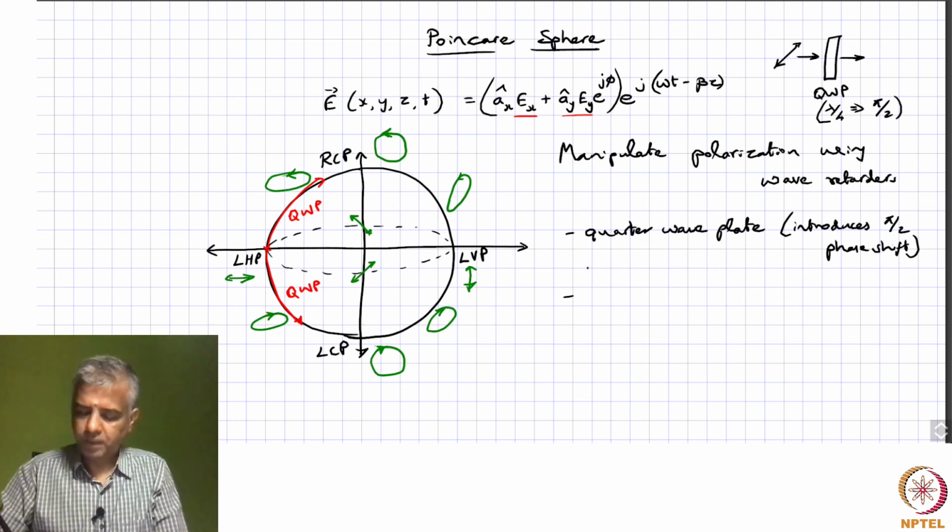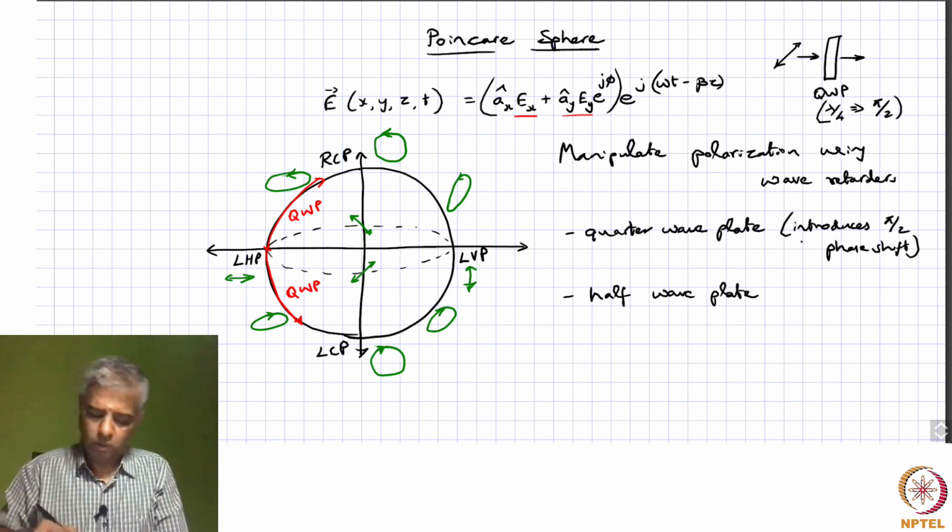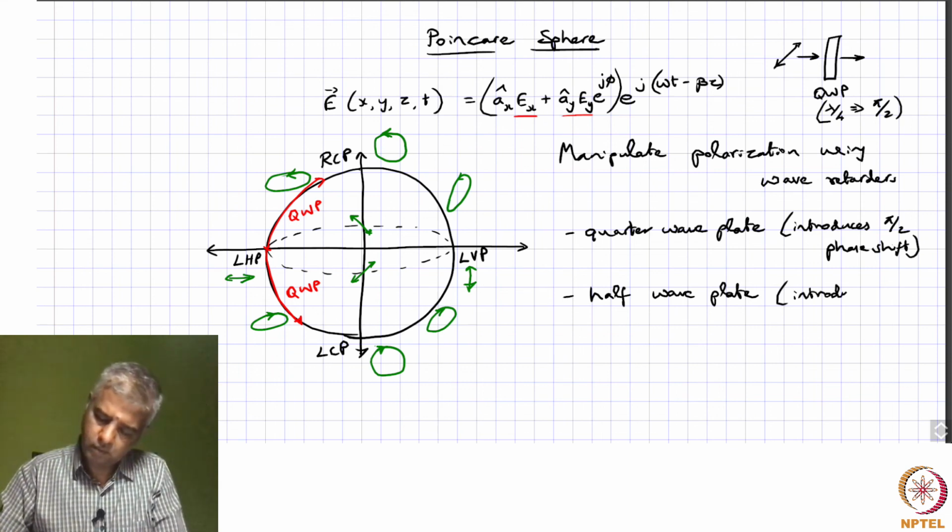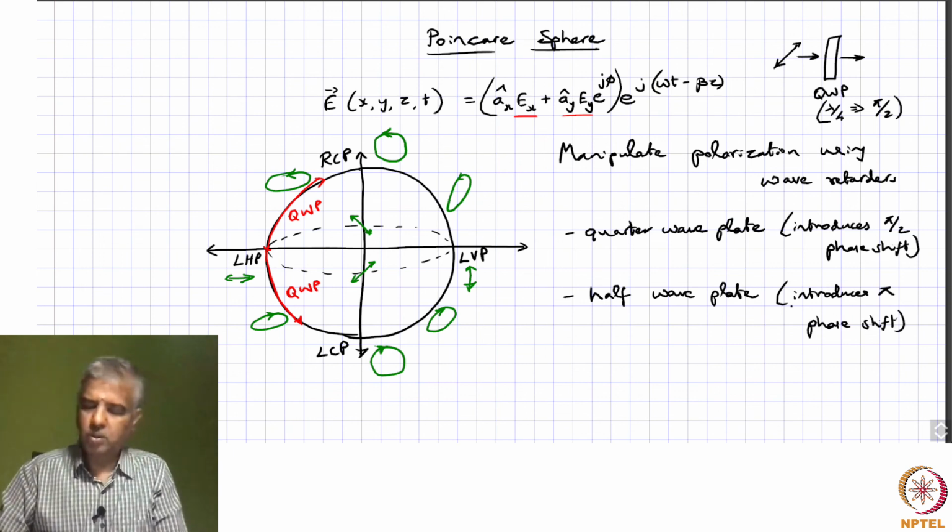But let us look at what a half wave plate does. A half wave plate introduces a pi phase shift between the two orthogonal components.